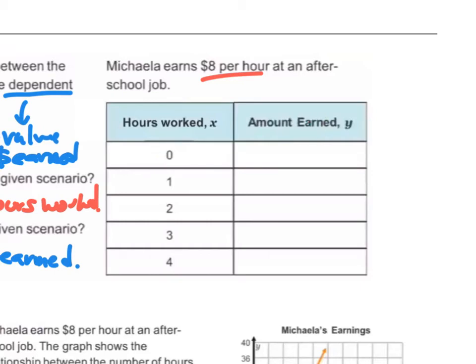She gets paid $0. If she works 1 hour and she makes $8 per hour, then after 1 hour she has made $8. If she works 2 hours at $8 per hour, I'm going to take 2 times 8 to give us 16.